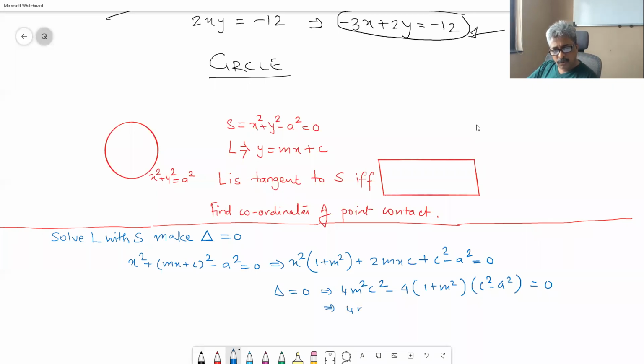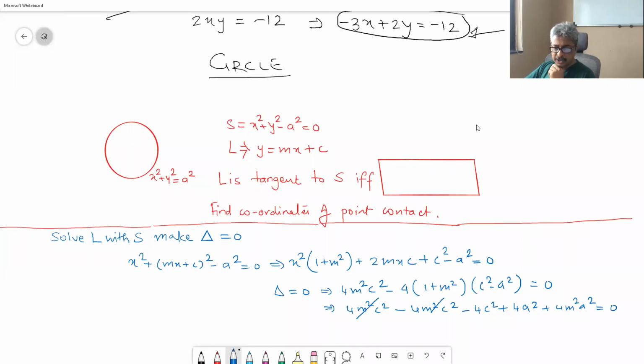Expanding, we get 4m square c square minus 4m square c square, the first term is done, minus 4c square plus 4a square, and one more term remains, plus 4m square a square is equal to 0.